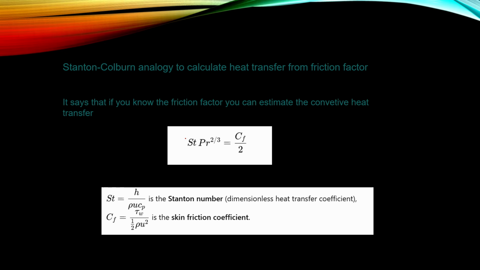Here is a function from which we can calculate this Stanton number, and this Stanton number is a function of the heat transfer coefficient. So if you know the friction factor, you can always calculate the heat transfer coefficient. That's the benefit of this analogy.